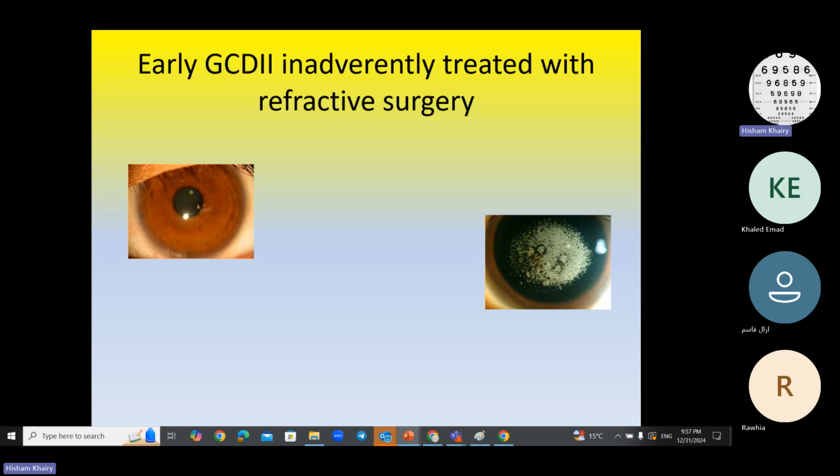There are several reports that corneal dystrophy might have some irregular astigmatism, blurred vision, and may be associated with refractive error.